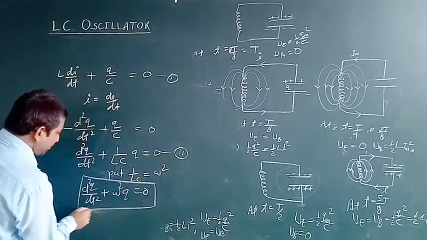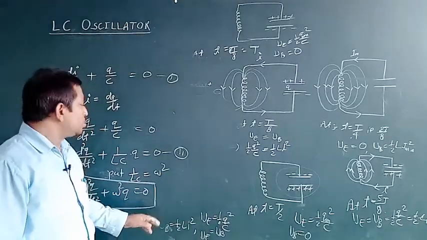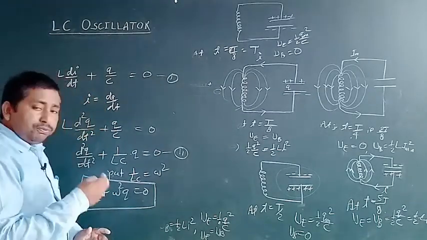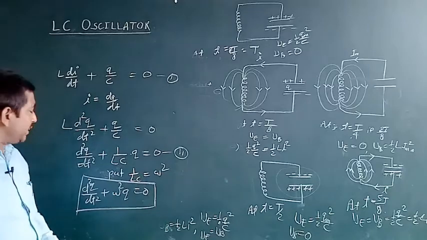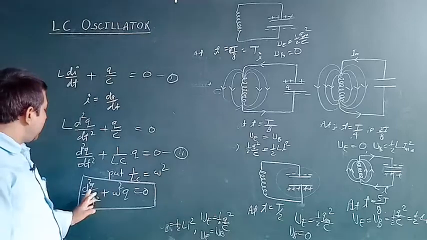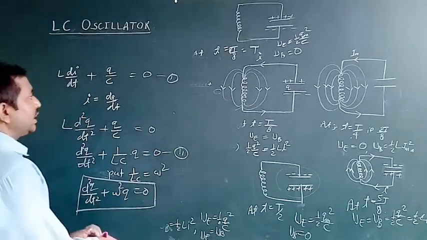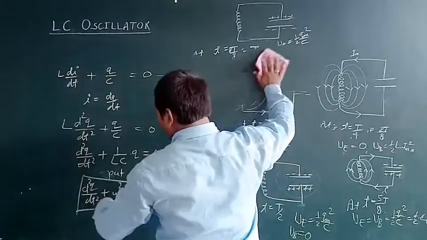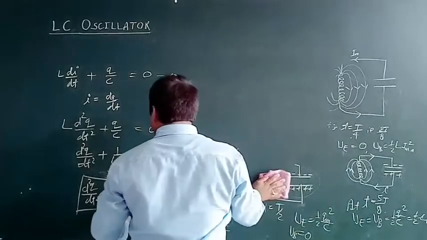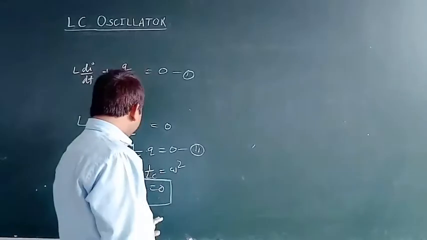Such an equation represents simple harmonic motion. The variation of the charge can be represented on a time axis, and from here omega is the frequency by which the charge varies on the capacitor.